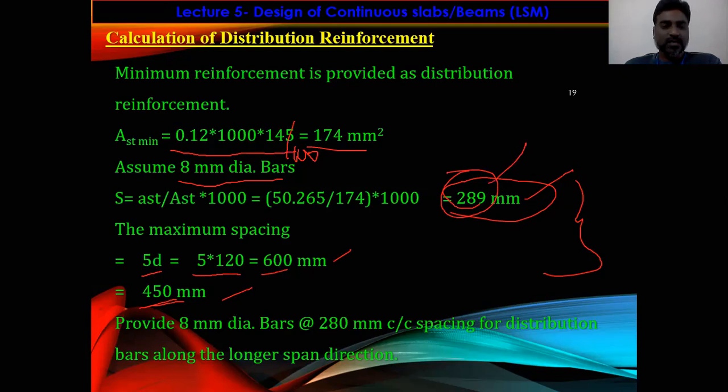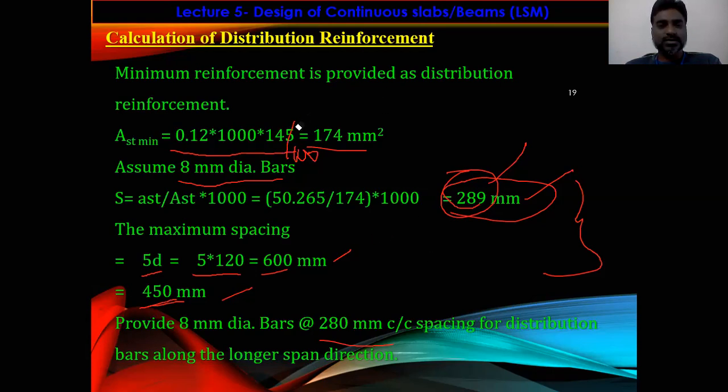So therefore, provide 8 mm diameter bars at 280 mm center to center spacing for distribution reinforcement along the longer direction. So like this, you need to determine the distribution reinforcement. We have calculated the main reinforcement at supports and at midspan, then we have calculated the distribution reinforcement.